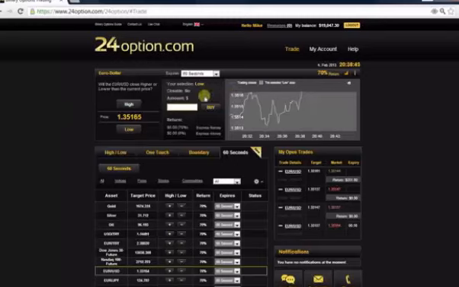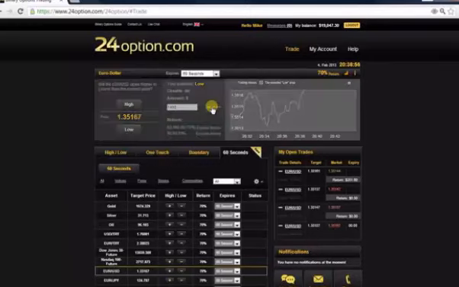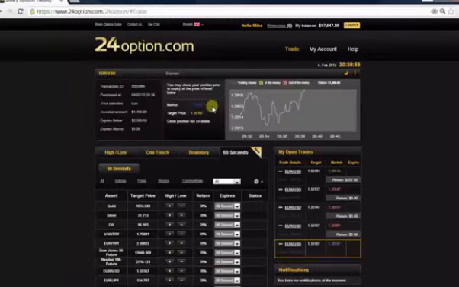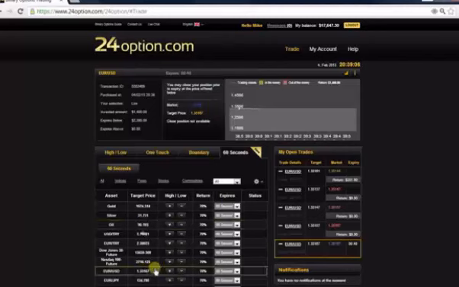Looks like we're going to lose this trade, so we're going to go with $1,400. Okay, we're going to get the next trade ready.